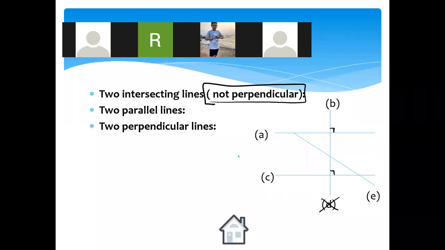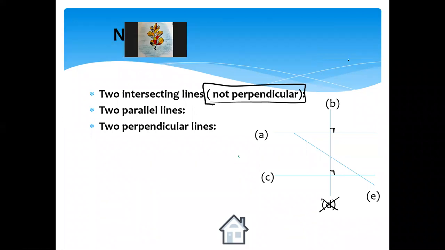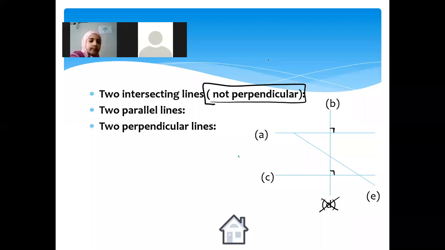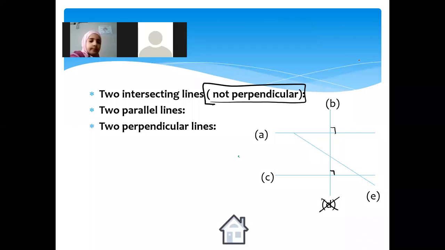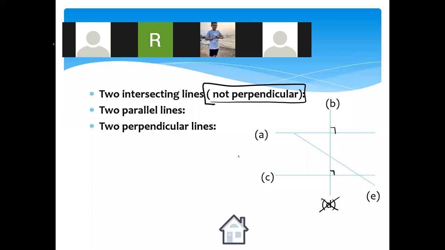Malak: A and B. But they form a right angle, they are perpendicular. The question is non-perpendicular. Choose another two. A and E.